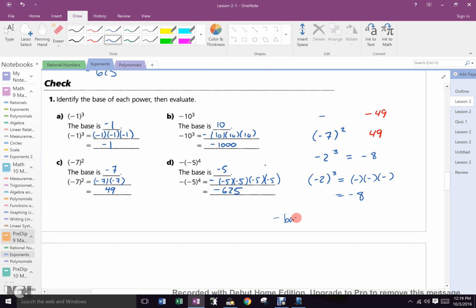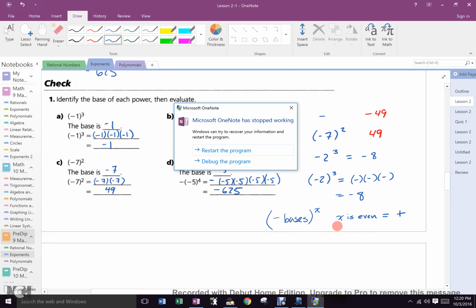Negative bases, if the exponent, that's what we're talking about, right? If x is even, what's your answer? Positive.